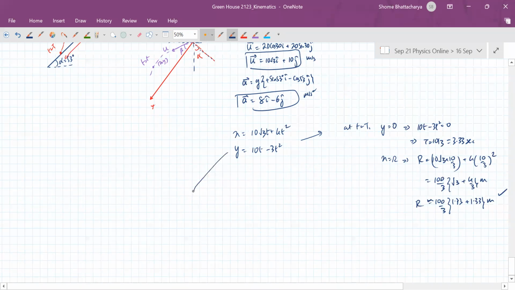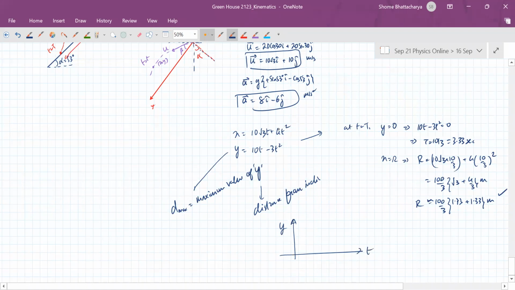Now the more critical thing is the maximum value of y, because the y coordinate is the distance from the inclined plane. So basically we have to find y is maximum. If you think of y as a function of time, you can see that your y is behaving like this. So it will reach its maximum value at 5 by 3 seconds.